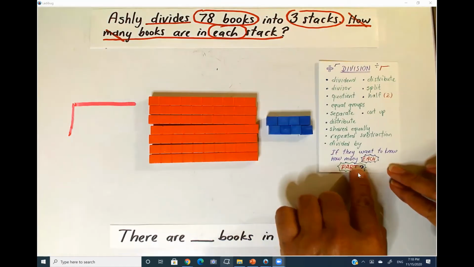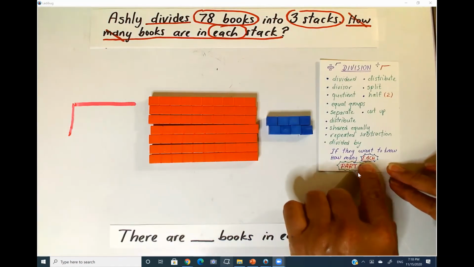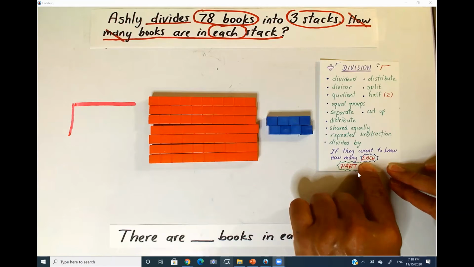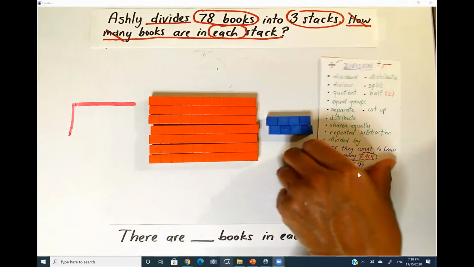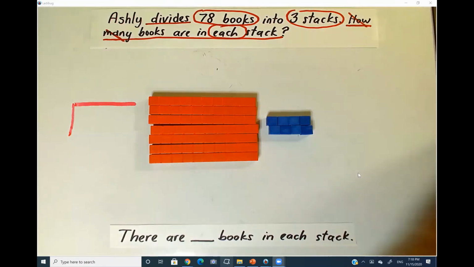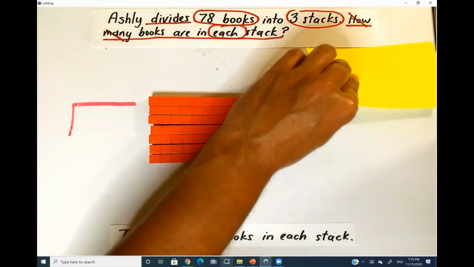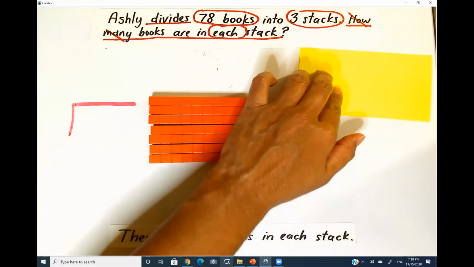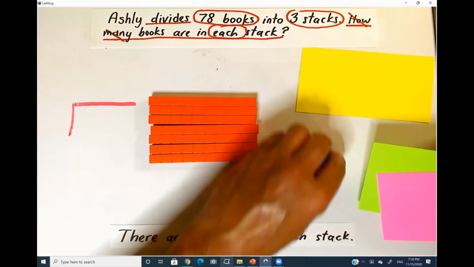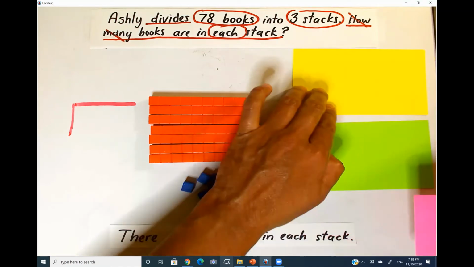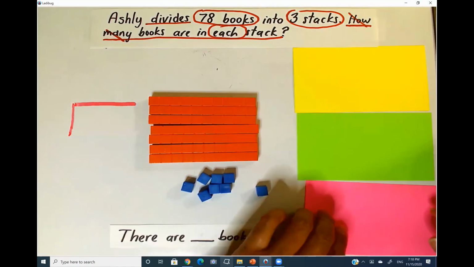So when we want to know how many in each group, we're going to do a division. So our job is to divide these 78 books into 3 groups. So let me show the 3 groups. We have group 1, group 2, and group 3.